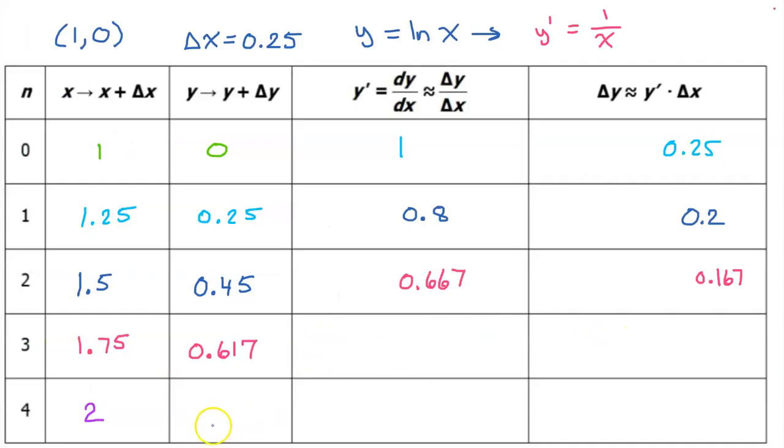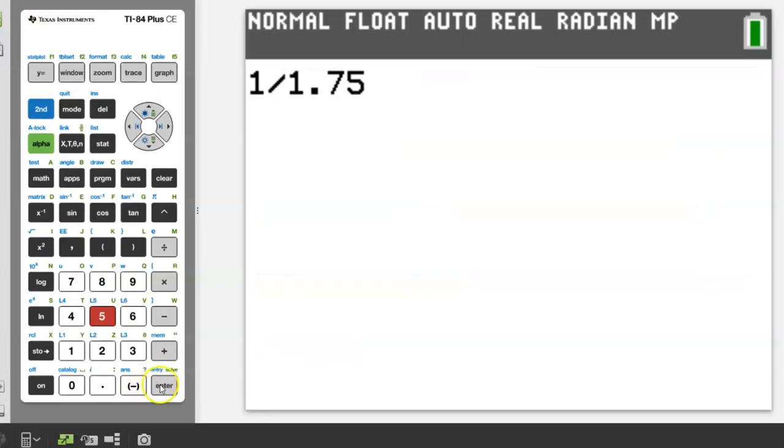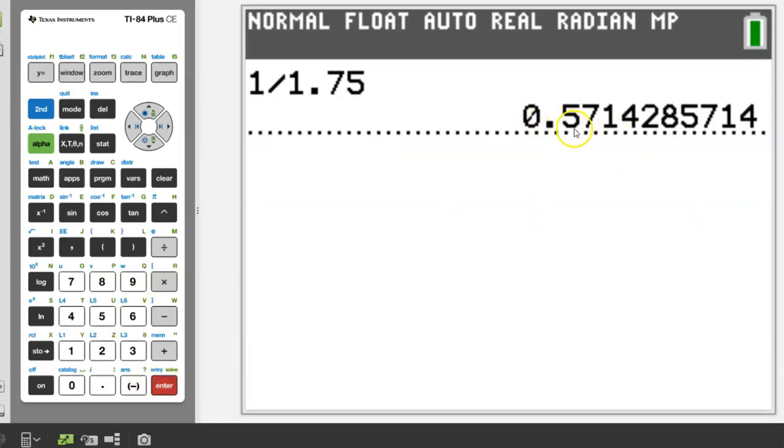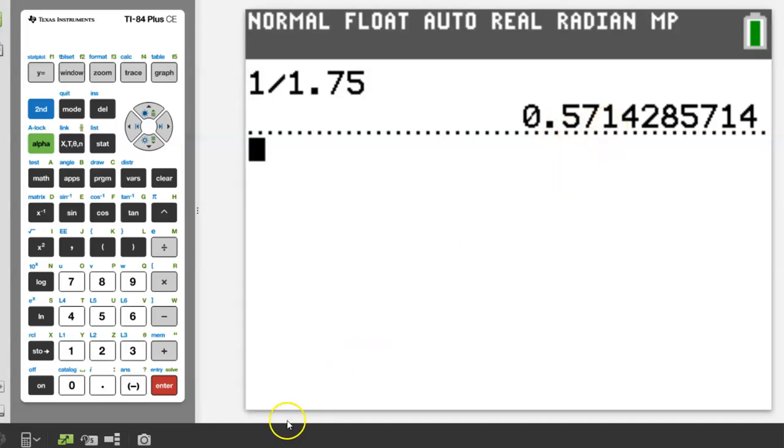Let's do one more iteration. We need y prime at 1.75. So that's going to be 1 over 1.75. That's 0.571.